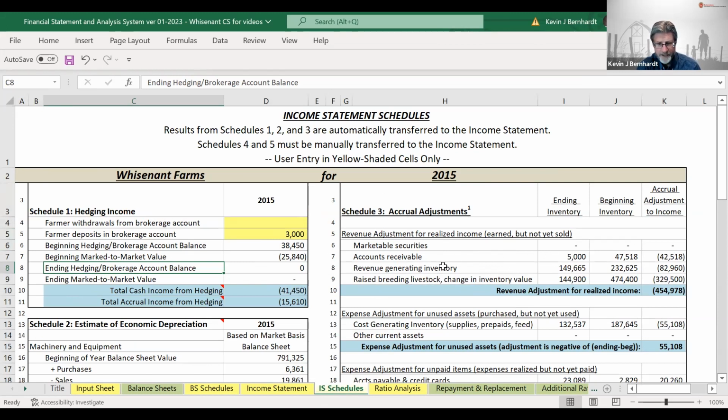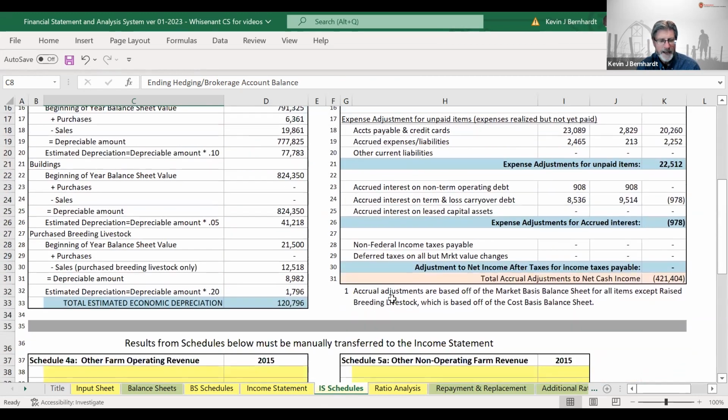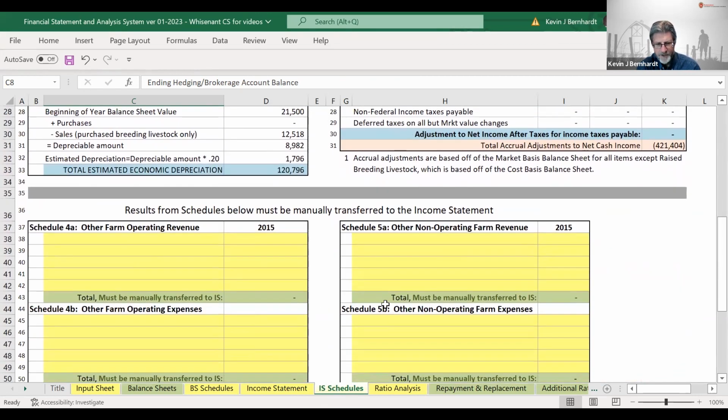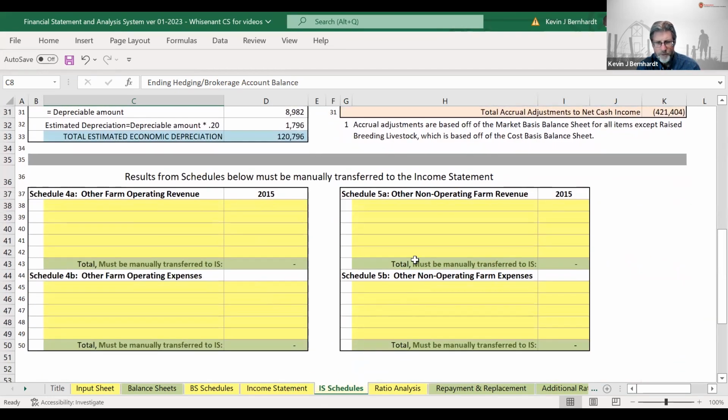There's not really anything the user has to do other than to complete other parts of the spreadsheet. And there are some help tables at the bottom, schedules, if a person wants to use them, but they're just there to be helpful. They're not something that is necessary to complete.